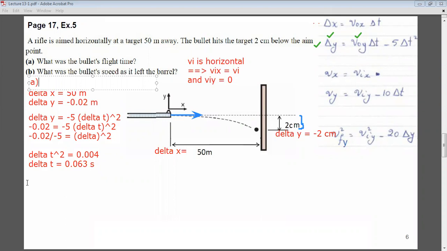Part B, what was the bullet's speed as it left the barrel? So now we use the second piece of information, which is delta x. Because now we have delta t, we can use the first equation. Delta x is equal to v initial x, which is v initial, times delta t.